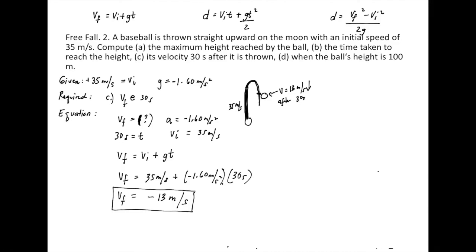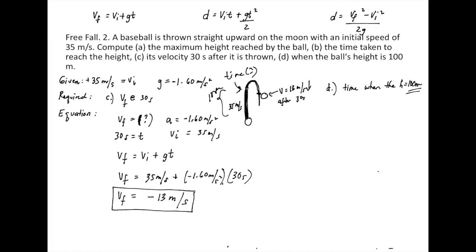This time let's solve for letter D, and we are asked for the time when the height is 100 meter above. Somewhere here, for example, this is 100 meter, and we are asked for the time.